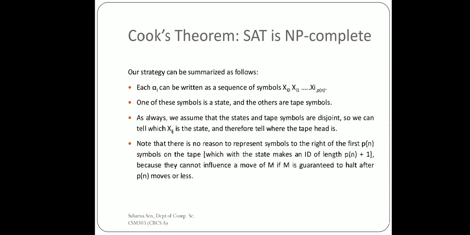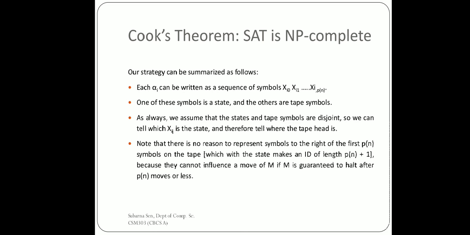So if we have to summarize the strategy we are going to follow, each alpha i can be written as a sequence of symbols X_i0, X_i1 and so on, where i is in the range 0 to p(n). That means alpha i can be a sequence of this kind. So you are quite sure how to write an ID.